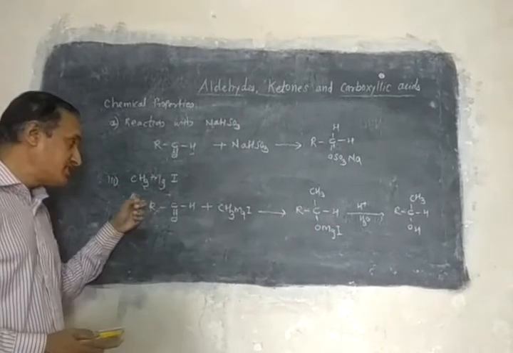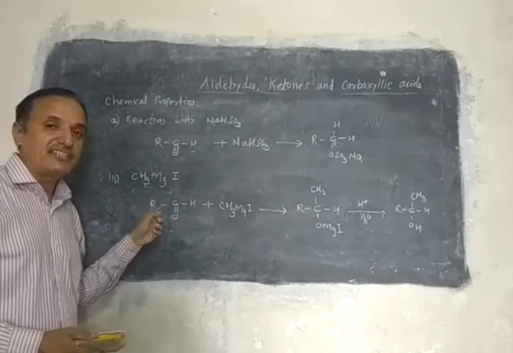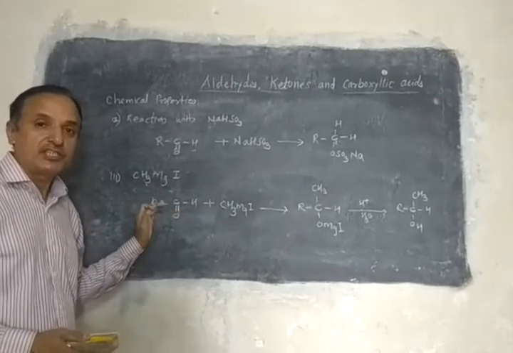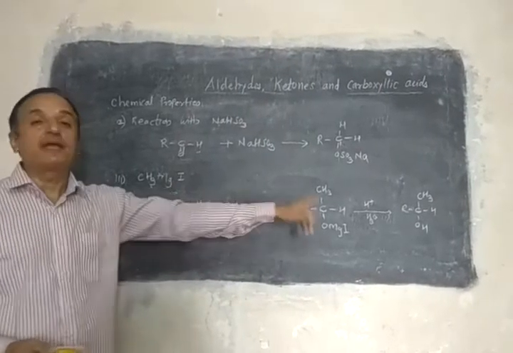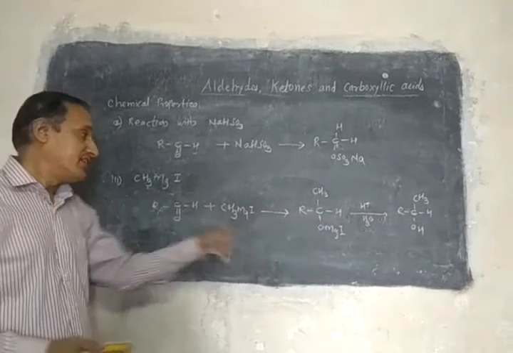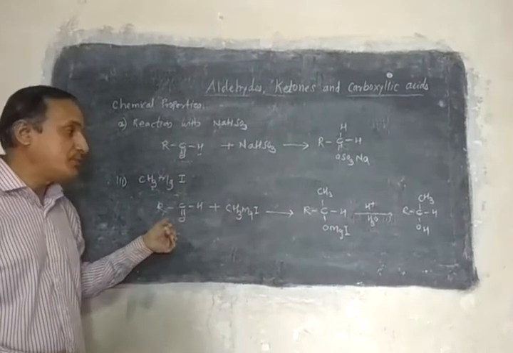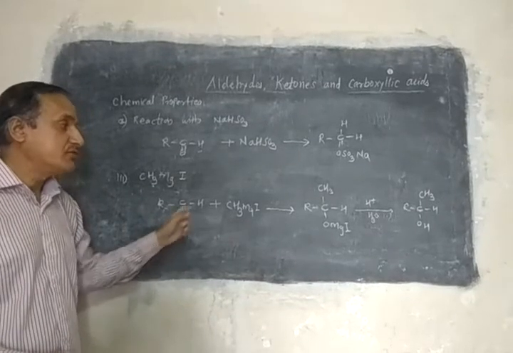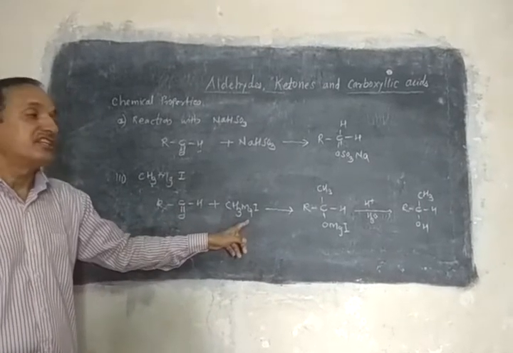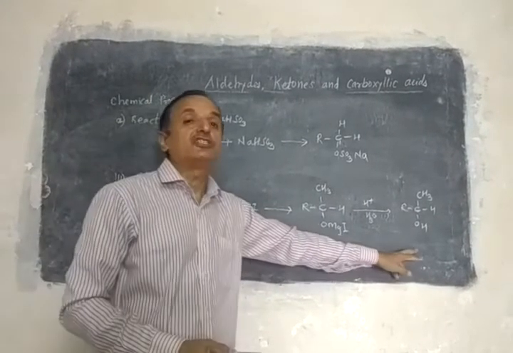But if you take formaldehyde, HCHO, with R as the H, we will get primary alcohol. Even if you take ketones instead of aldehyde and react with this Grignard reagent, we get tertiary alcohol.